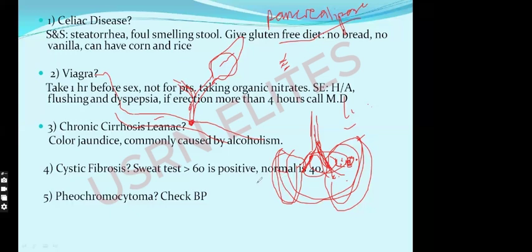It should be around 40 or less. If you have it above 60 when you do the sweat chloride test, then it could mean you have cystic fibrosis.